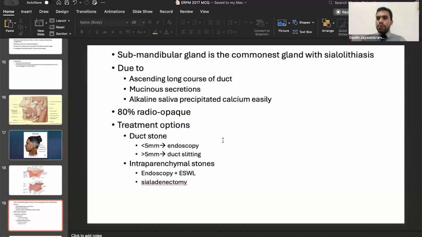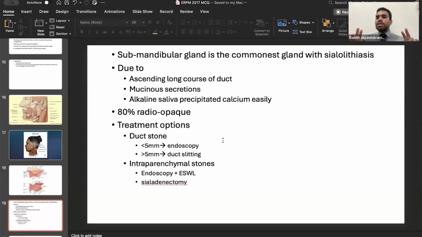As I said, it's ambiguous. But as per the book and what I read, it is true. But I would rather just leave it be because of that issue I told you. We don't know who made this question. It might be a very senior surgeon or maybe a young surgeon who has read this more often.